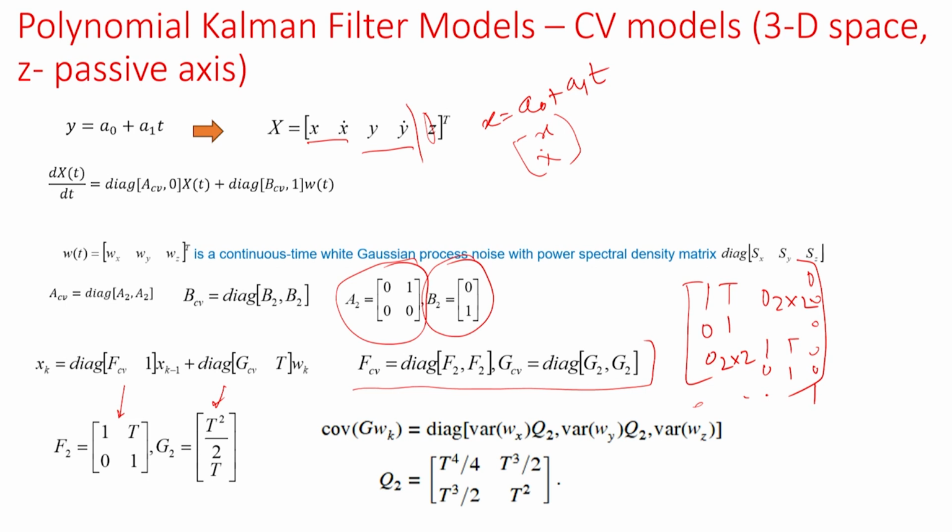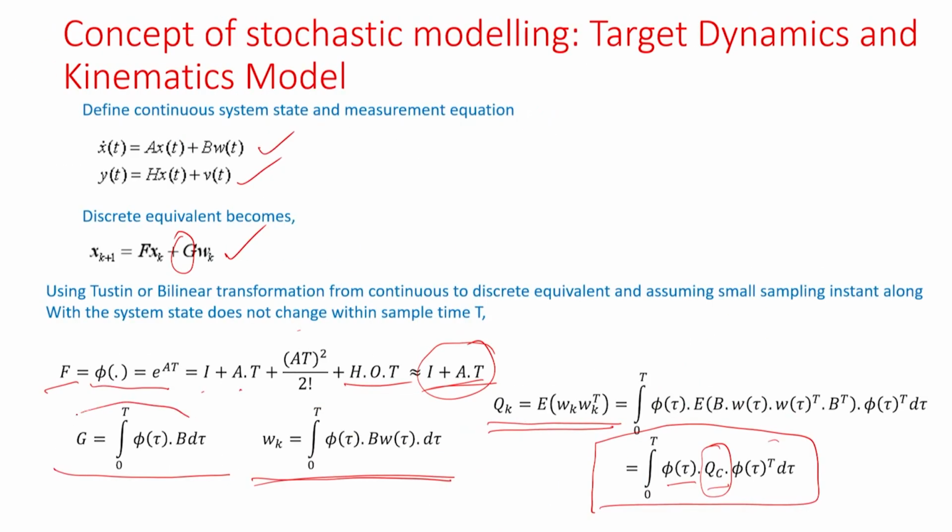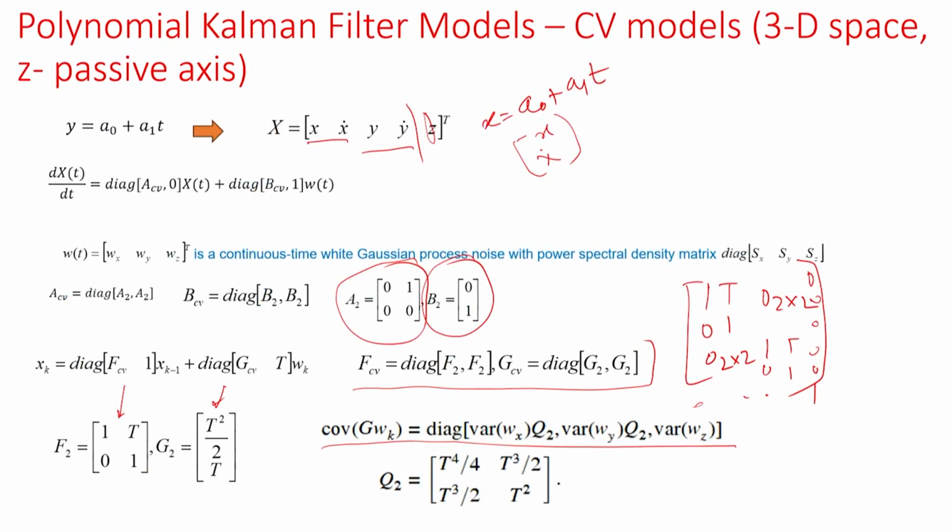Okay. So, this is my thing, and how I get my Q: with the same integration that I have shown you here, I got my G matrix, the integral from 0 to T of phi(tau) B d tau. With this I get T square by 2, and T. Now, there are two ways to calculate your covariance Qk. Let us talk about one axis only.